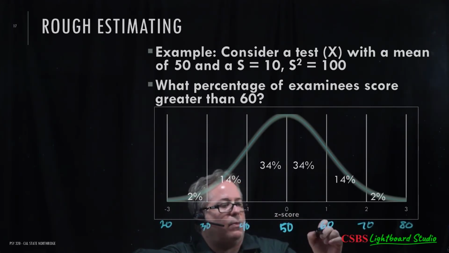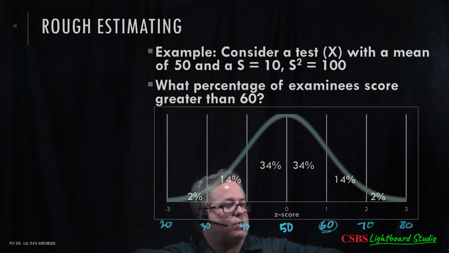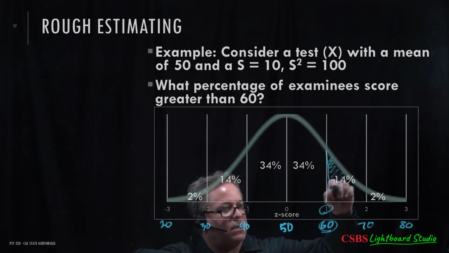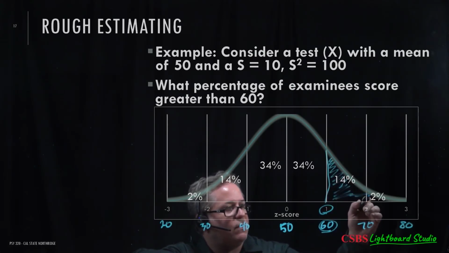So, all right away I can say, okay, 60 is the score it's asking about, and it wants to know what percentage. Well, 60 corresponds again to a z-score of 1. Now it's asking for greater than, so we're looking at this smaller side of the distribution instead of the larger side.